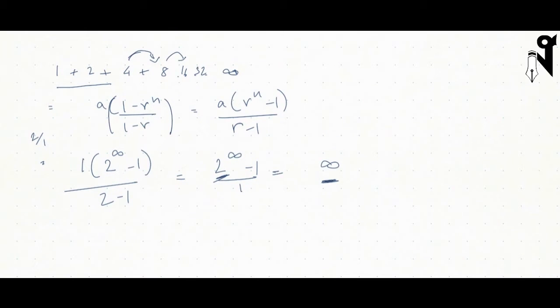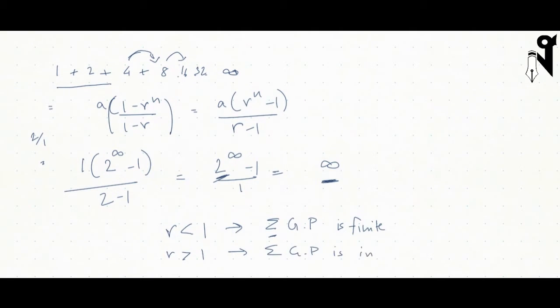Okay, so if the common ratio of a GP is less than 1, if r is less than 1, then the sum of the GP, this is the sigma symbol notation for sum of GP, is basically finite. Sum of GP is finite. And if r is greater than 1, then the sum of GP is infinite.